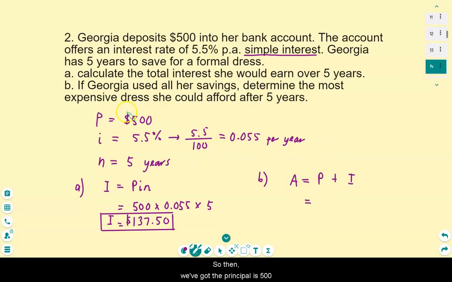So then we've got the principal is 500 plus the interest, and put that in our calculator. This is going to be the future value in her bank account. So the most expensive dress she can afford.